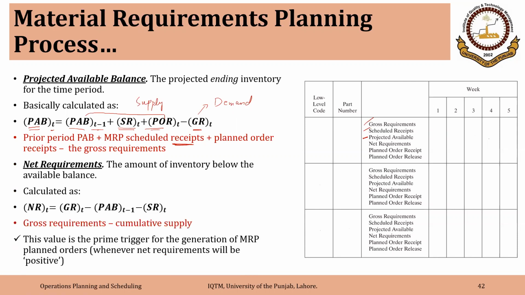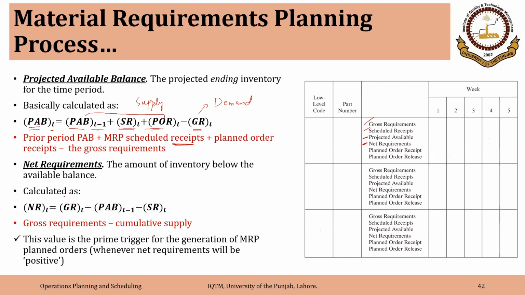Then we have net requirements, the fourth entity in the MRP grid: the amount of inventory below the available balance. The formula is net requirements equal gross requirements minus previous period's inventory minus this period's scheduled receipts.